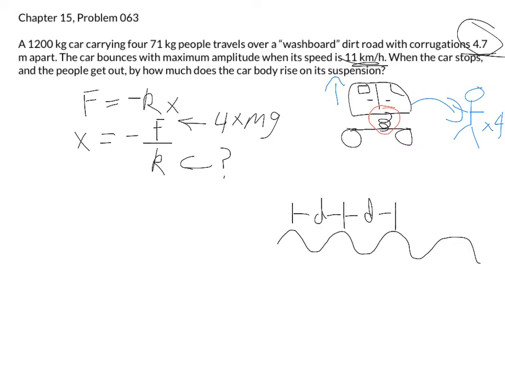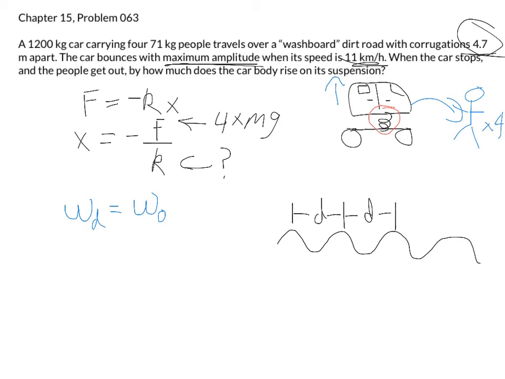We're thinking about something that's going over some bumps and bounces. We're told that if we're at max amplitude, as I mentioned earlier, we're at a position where we have resonance. If we have resonance, what that means is that the driving frequency, the frequency being generated as a result of our car going over these bumps, must be equal to the natural frequency of the system.